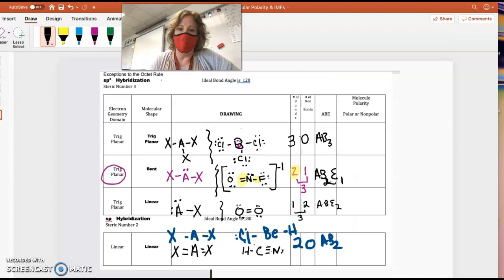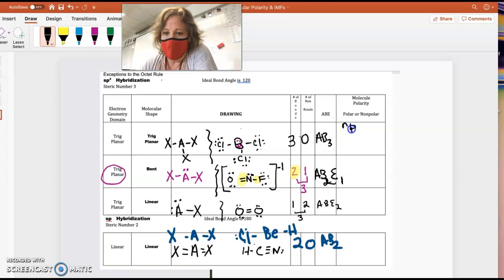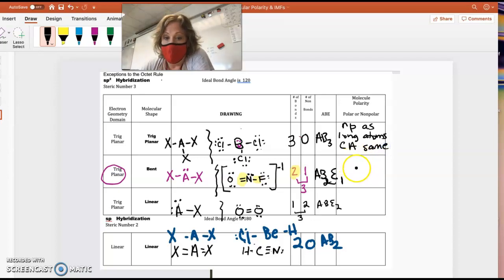So then also, when you get over here, remember the trig planar, they're nonpolar as long as the atoms around the central atom are the same. The trig planar bent still has a lone pair on the central atom, so they're always polar.